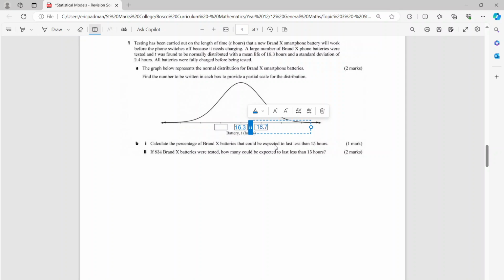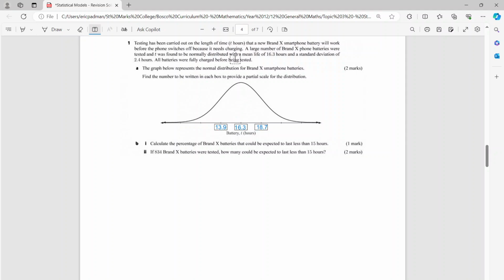Then 16.3 minus 2.4, I think that's 13.9. 13.9 plus 2.4 would be, carry the 1. Yeah, that looks right to me. Okay, I think that's right.